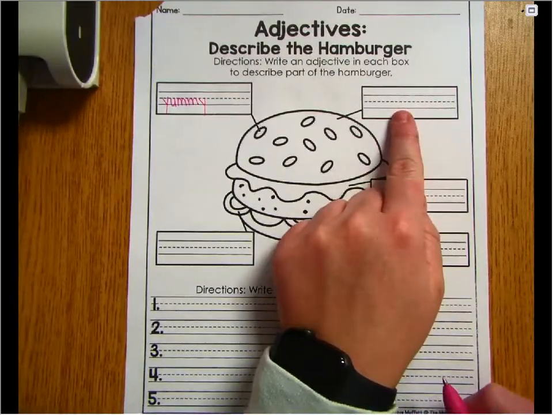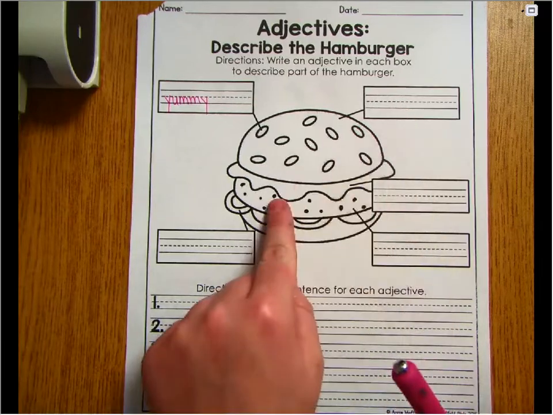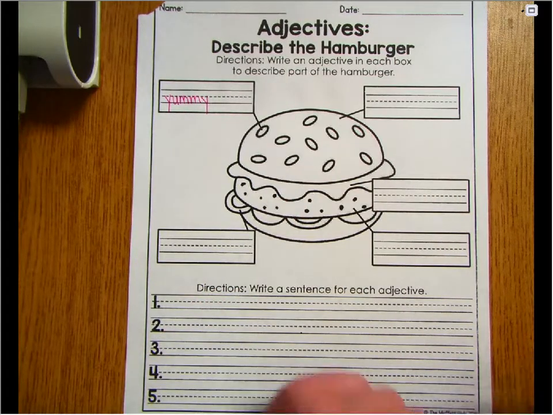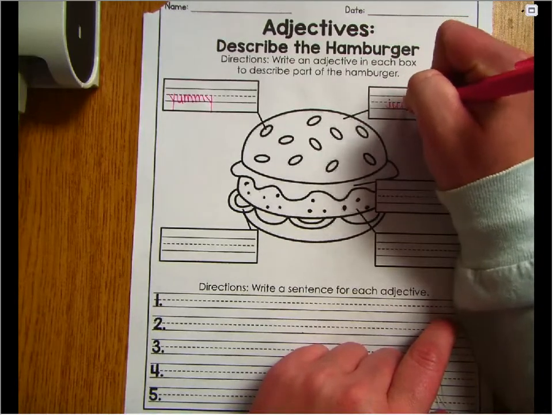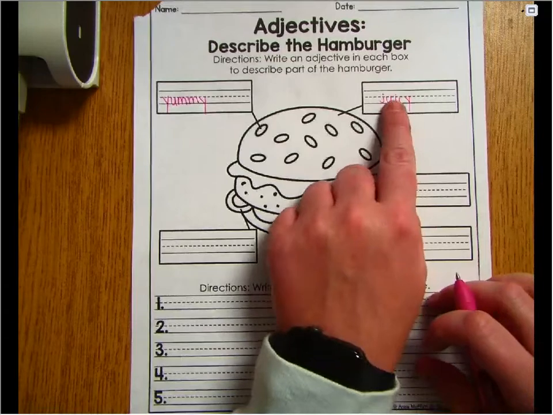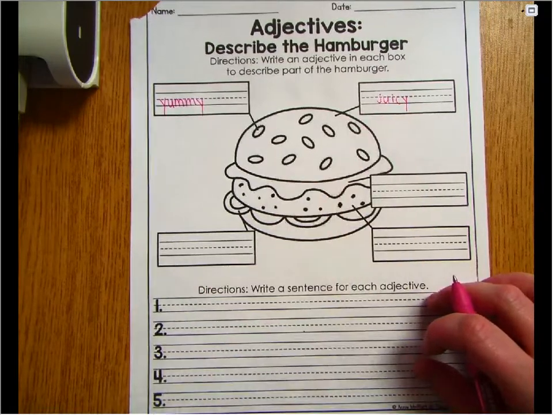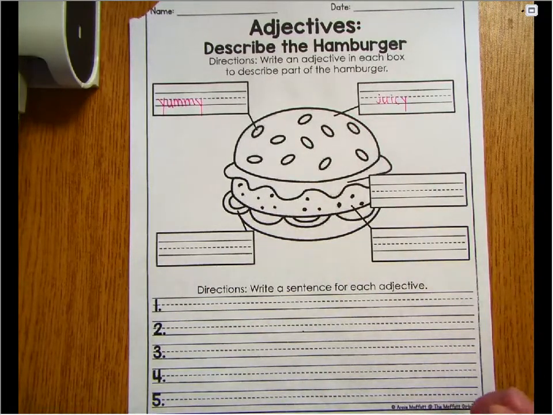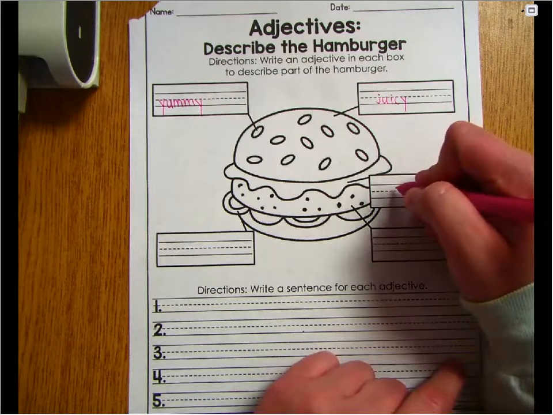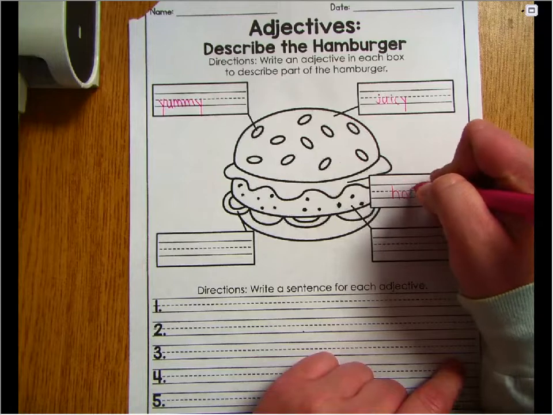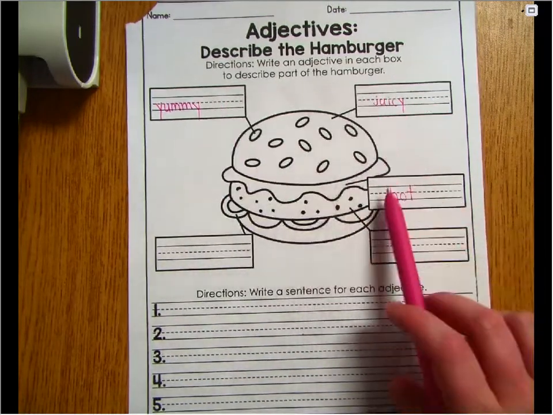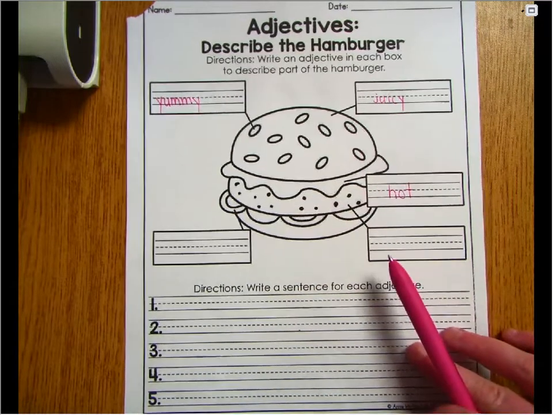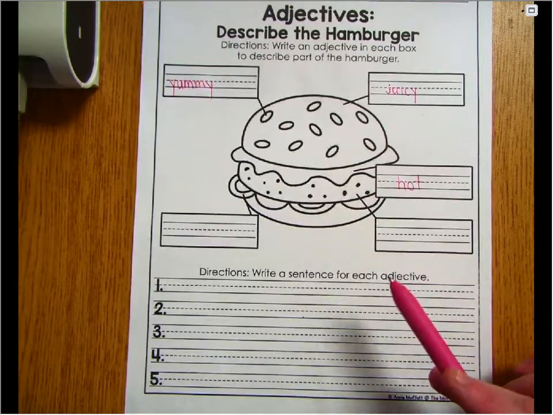Another word that is an adjective that could describe my hamburger is maybe juicy, because maybe that burger is pretty juicy. So I could say juicy hamburger. Maybe I could say hot. Maybe my hamburger patty on there is very hot. So these are just 3 examples to describe my hamburger. I want you to come up with some of your own examples.